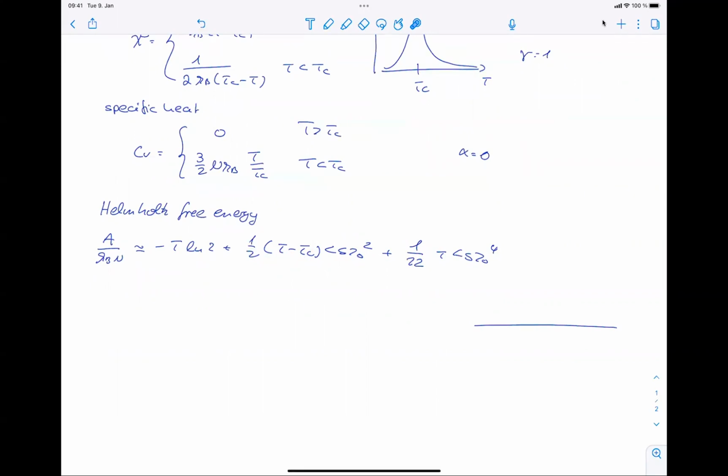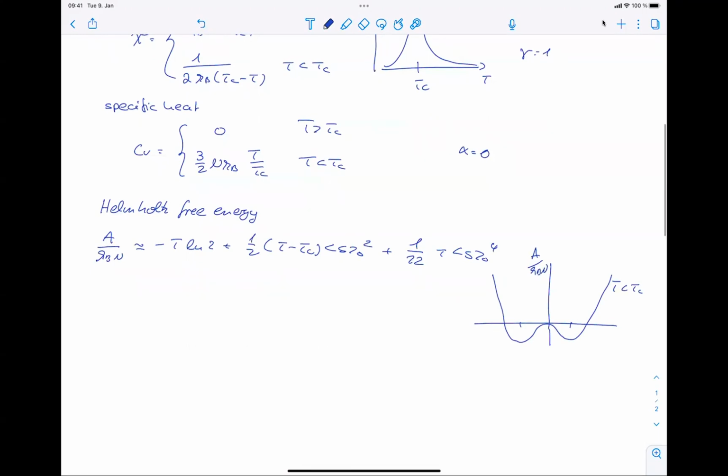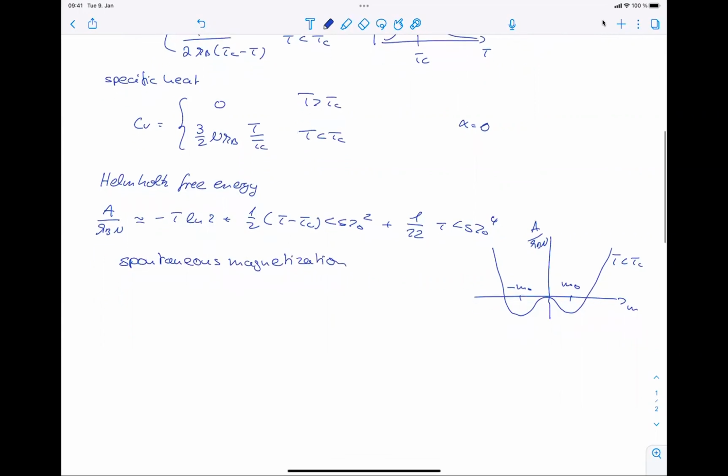And so below the critical temperature, we find this Mexican hat shape of the free energy, and see that there are 2 minima, one at minus m0, one at plus m0, and so both states are possible, and we expect spontaneous magnetization based off this free energy landscape.